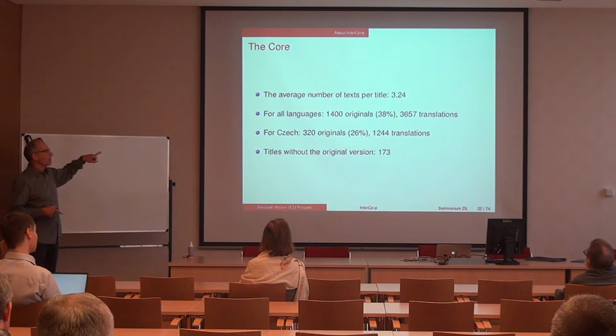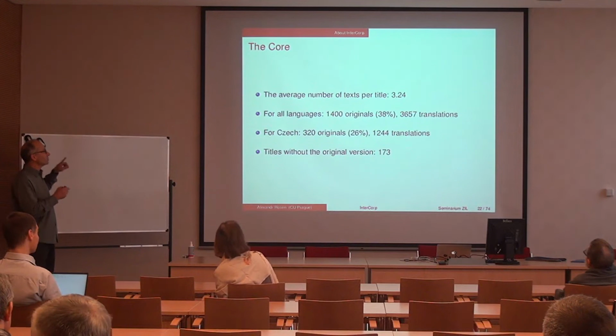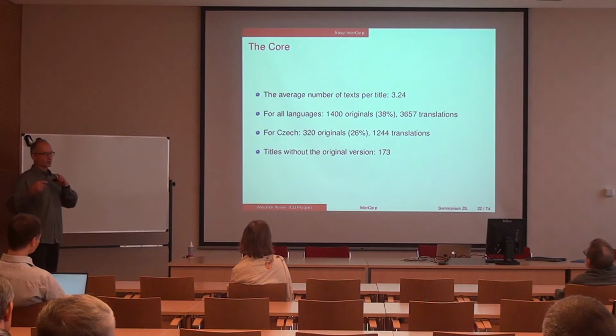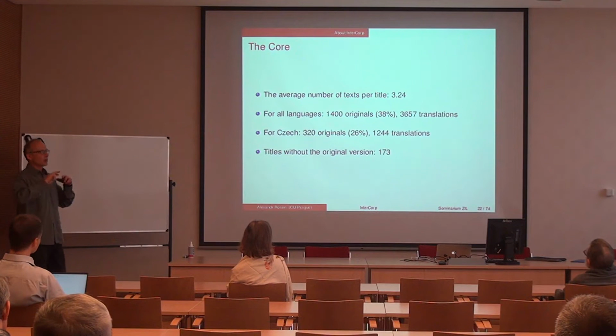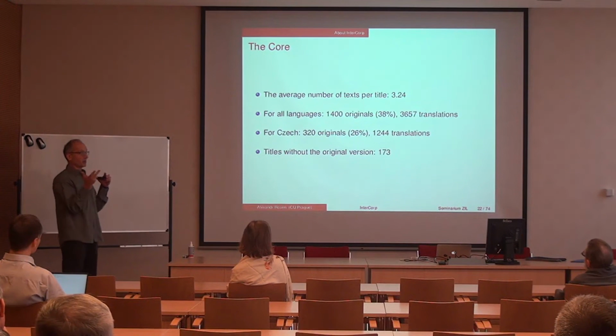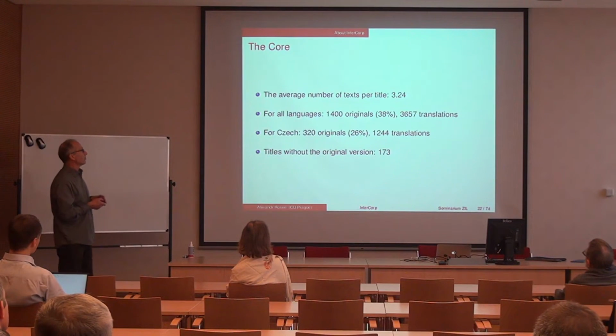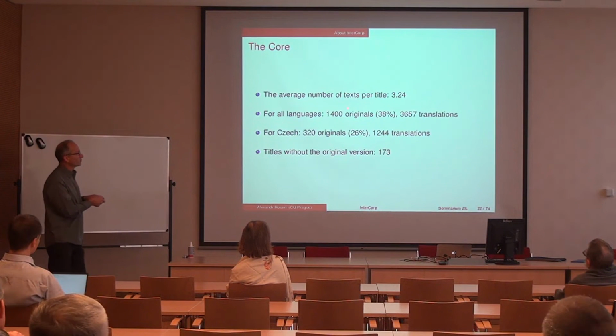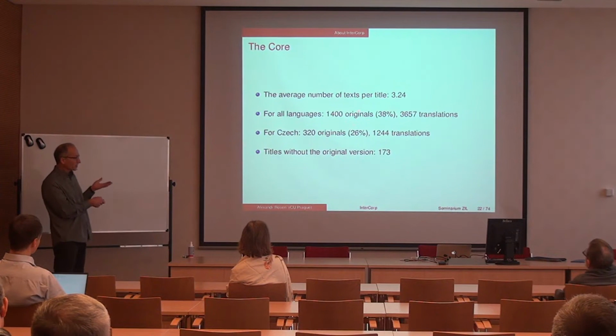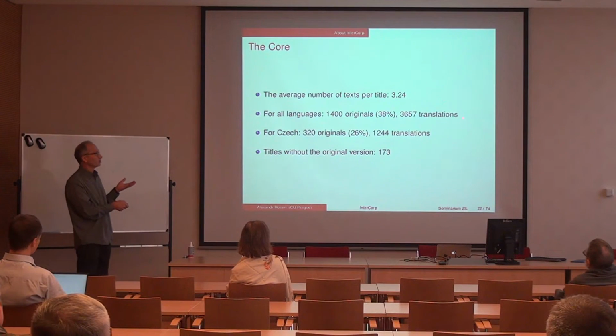So some averages. The average number of texts per title, so that means how many versions of a single text there are in the corpus. It's something more than 3. For all languages, we have that number of original titles and that number of translations.